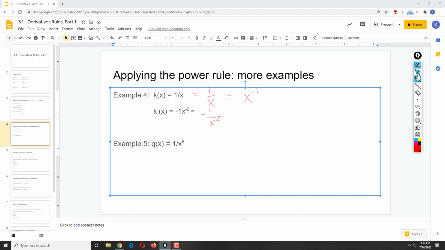Last example this time. So 1 over x to the fifth is our function. q of x equals 1 over x to the fifth power.